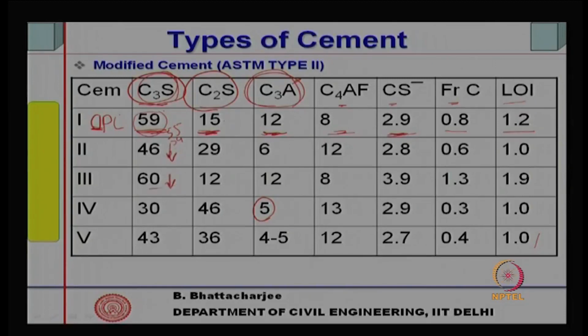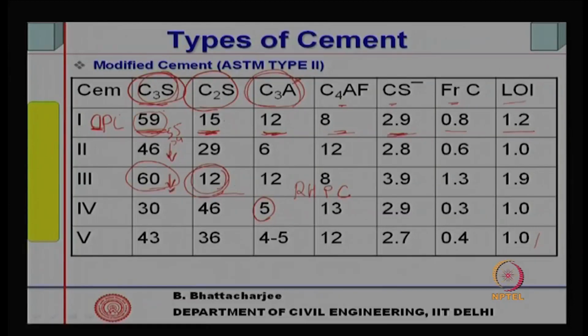Now, this has got the highest C3S, therefore, it would give you high early strength. Remember, recall type 3 is nothing but RHPC, rapid hardening Portland cement, and it has got the highest C3S, least C2S compared to these two.